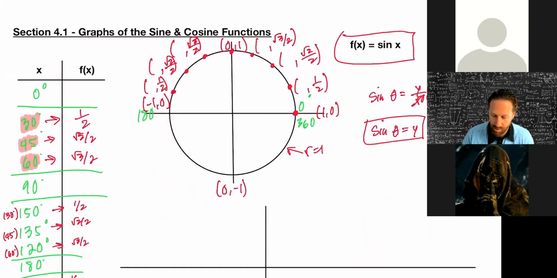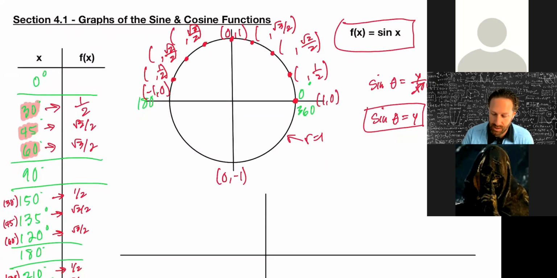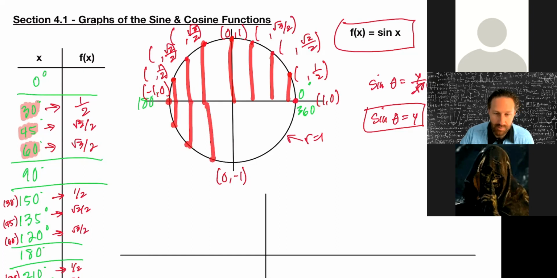It doesn't matter what quadrant we're in. The only thing that's going to change is positive, positive, positive, 1, positive, less positive, less positive, 0. But then that 30, 45, and 60 is going to be negative, negative, negative, all the way to the -1. And then the 60, 45, and 30. Less negative, less negative, less negative until we get back to 0.